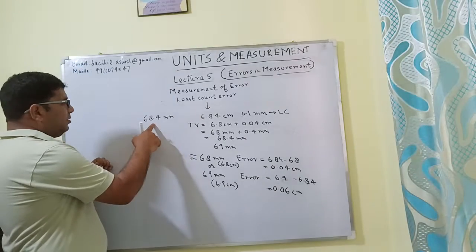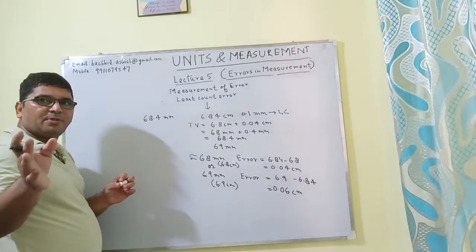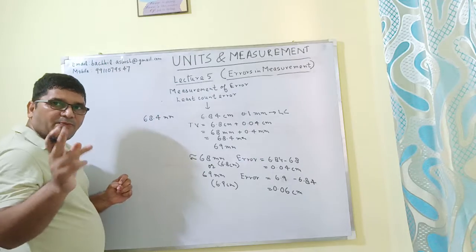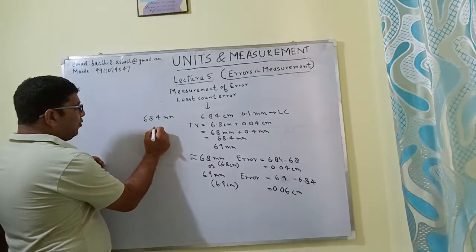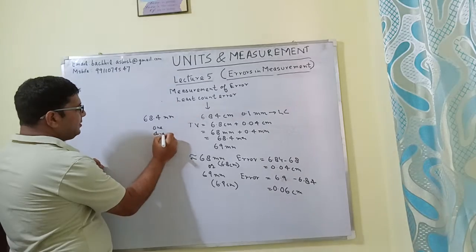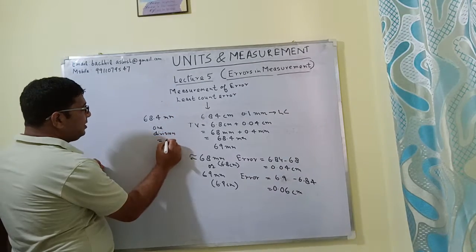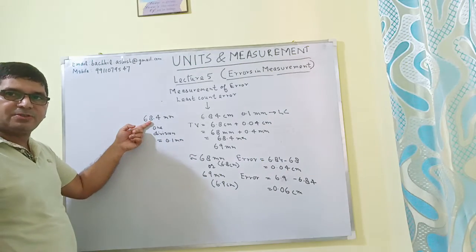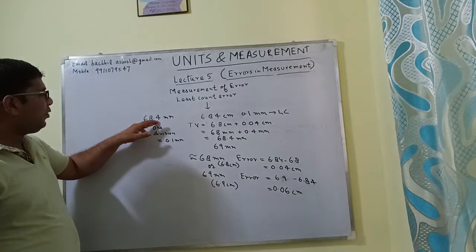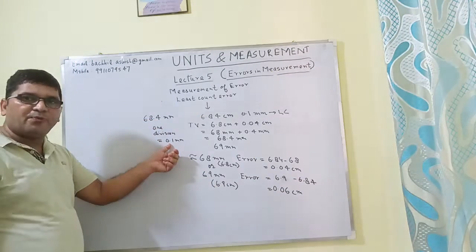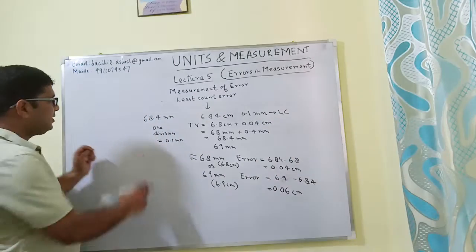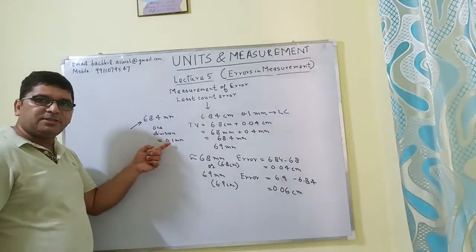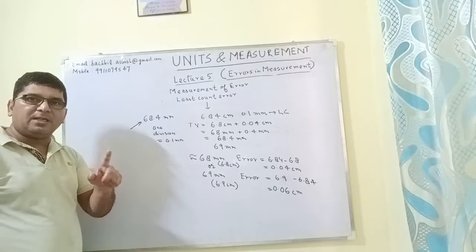With the help of that instrument we can easily find the true value, because one division is equal to 0.1 mm. So we have measured 68 mm, which is not a problem, and the remaining 0.4 mm is equal to 4 divisions of that measuring instrument. So this measurement can easily be measured by that particular instrument without any error.